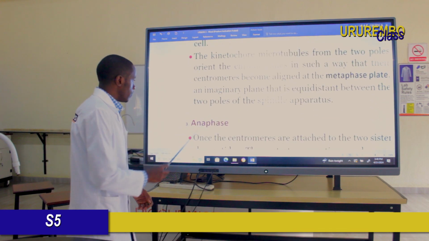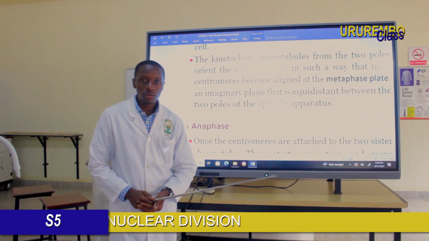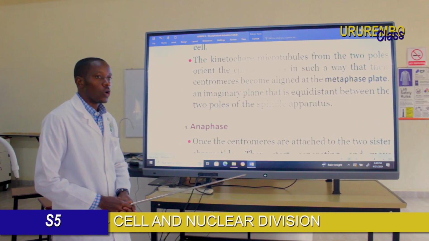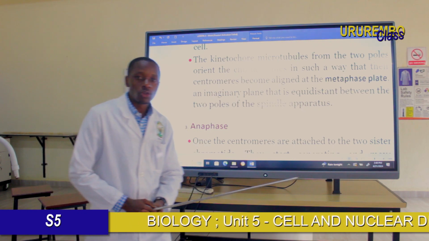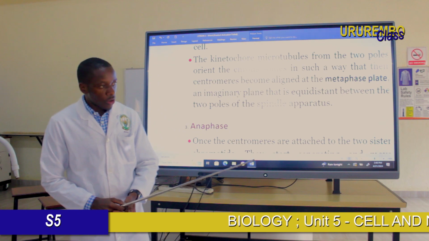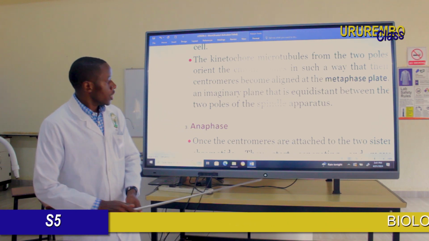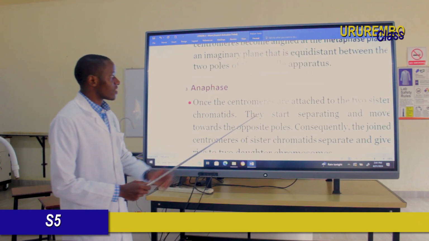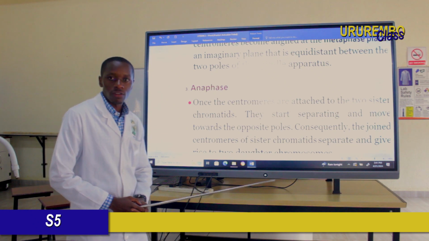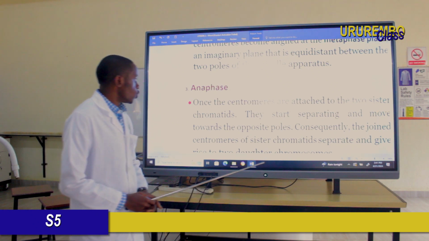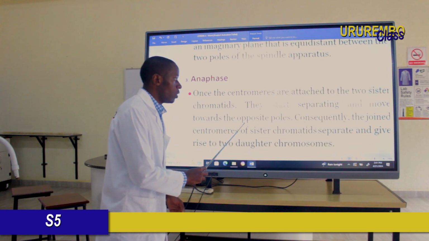Then there is the third phase of mitosis, called the anaphase. In the anaphase, we see that the chromosomes separate. Each chromosome produces chromatids, meaning the sister chromatids separate at the centromere. In this phase, once the centromeres are attached to the two sister chromatids, they start separating and move toward the opposite poles.